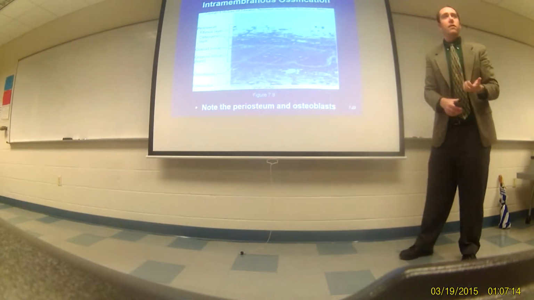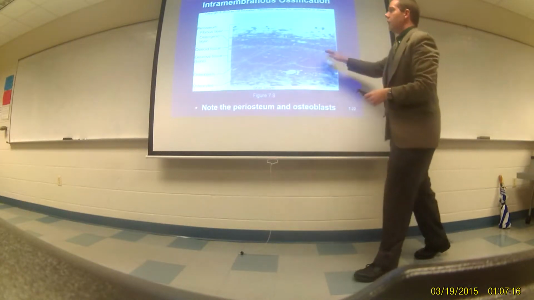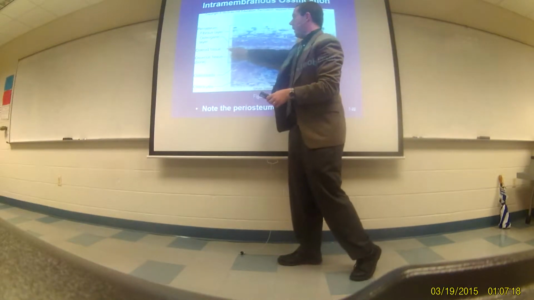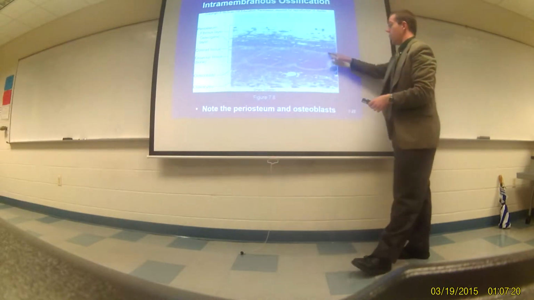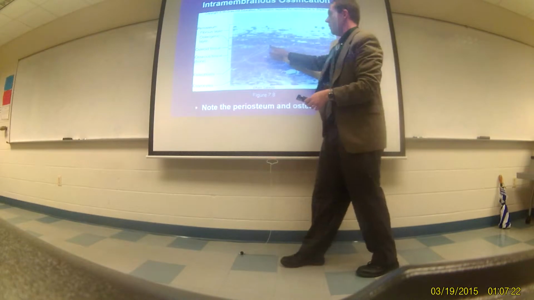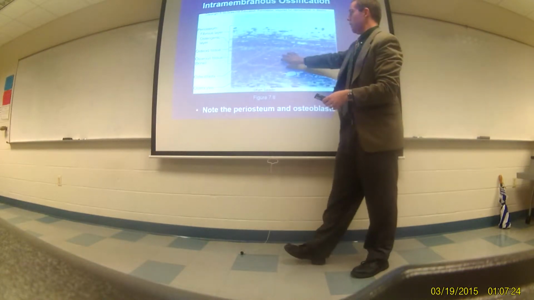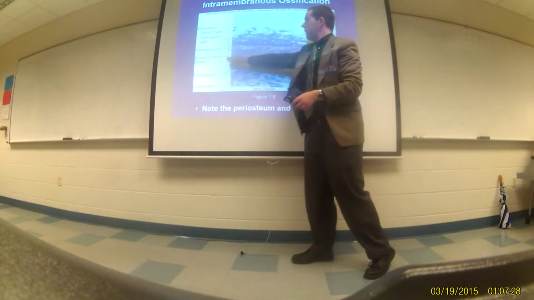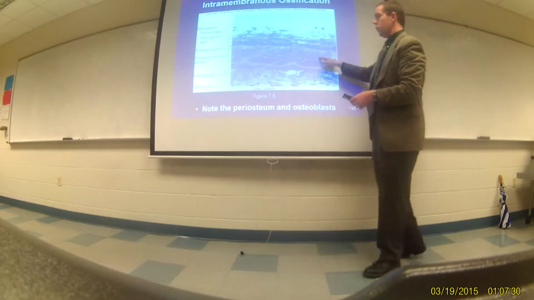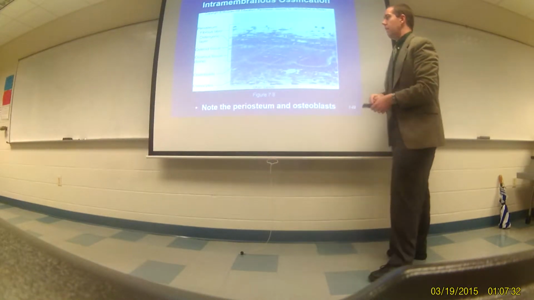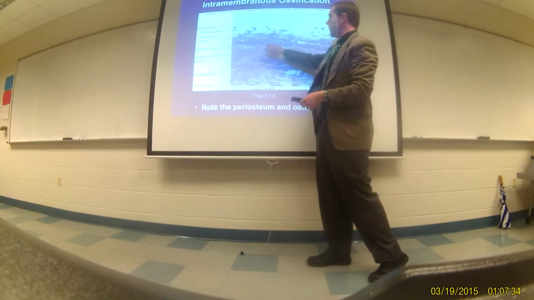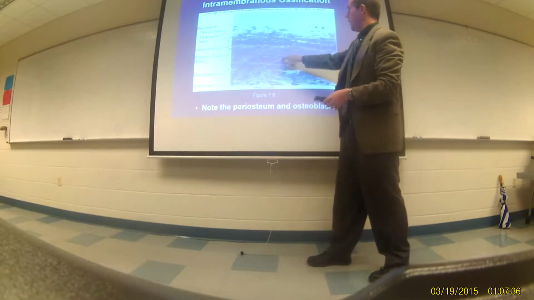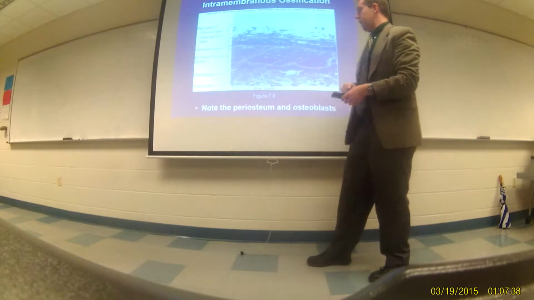Those are the osteogenic cells. They're laying down osteoid tissue that's going to turn into hard bone. That's down here. So this is the new osteoid tissue that is hardened to become osseous tissue or just bone. And then we have the osteoblasts are the ones putting it down. Here we have osteocytes.